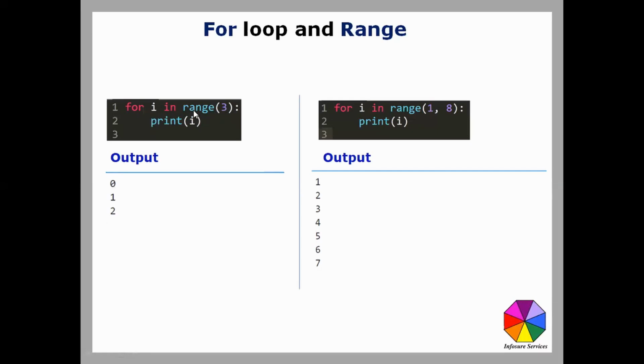When you read range of 3, it is always 0-indexed. This index is automatically assigned to this range, and print i will print the values in the range.